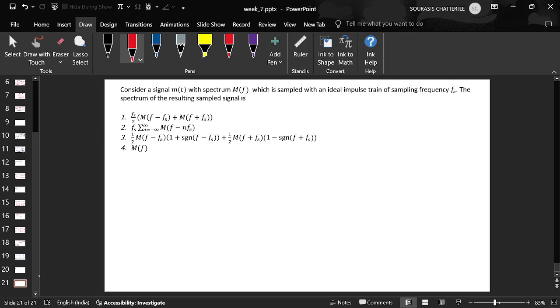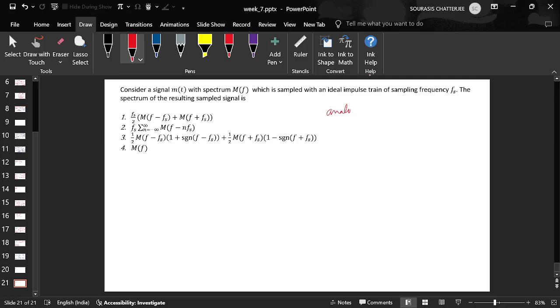And the last question is: consider a signal m(t) with spectrum M(f), which is sampled with an ideal impulse train of sampling frequency fs. What should be the spectrum of the resulting sampled signal? That we have already seen, but I will briefly write down how we get there.